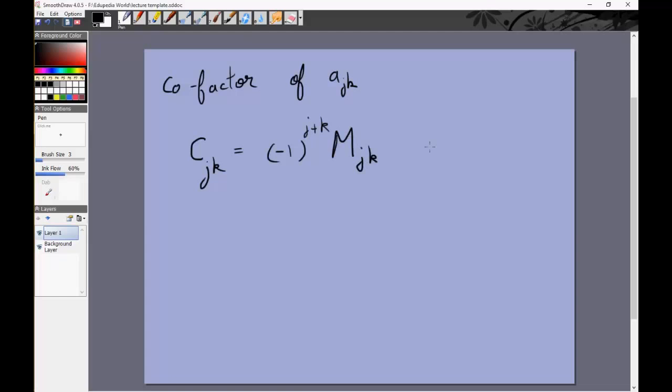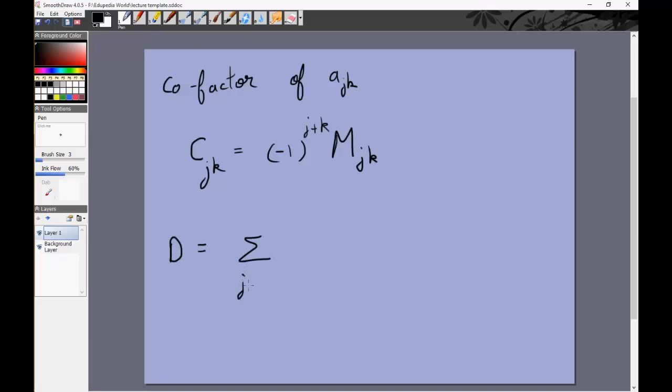So now you see we're getting closer to the actual formula. Mjk is the subdeterminant or the minor of jk. You multiply it by minus 1 to the power j plus k, which gives you sign, and this is the cofactor.